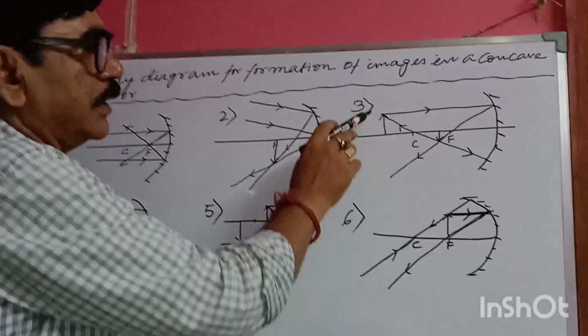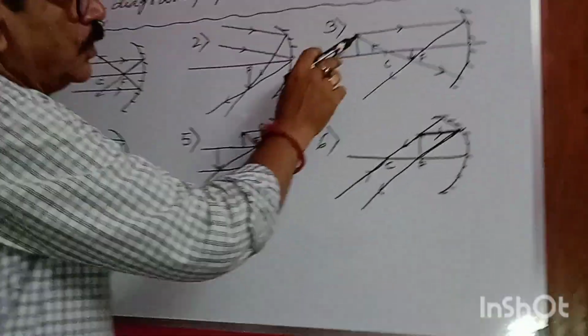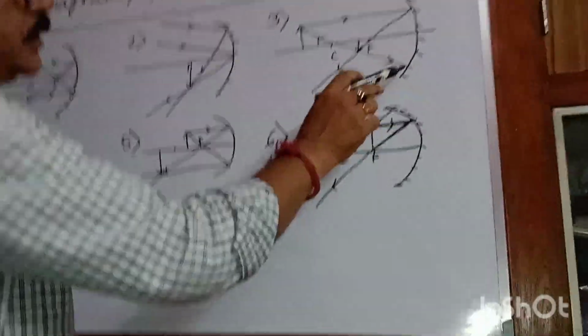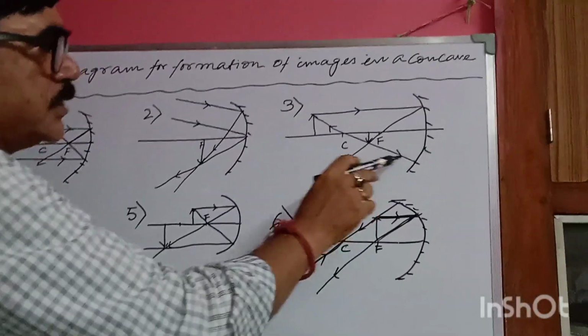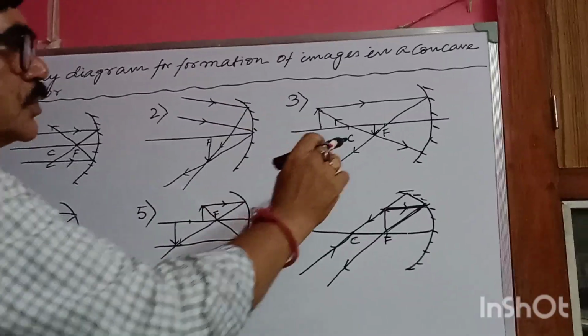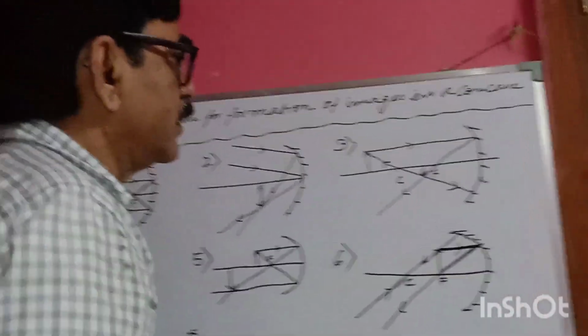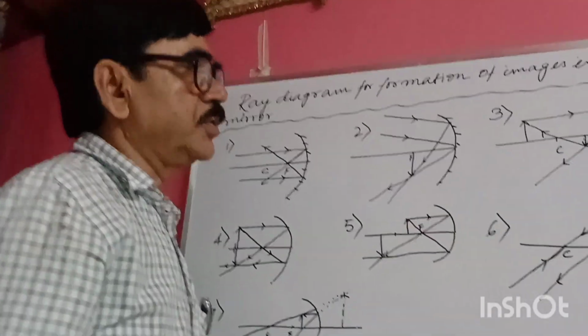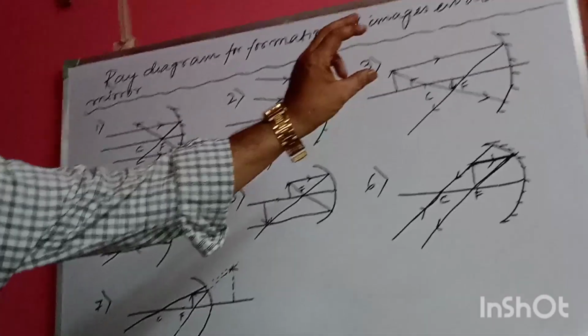And if the light ray moves through the center of curvature, then it bounces back along the same path. So an inverted, highly diminished image will be formed.